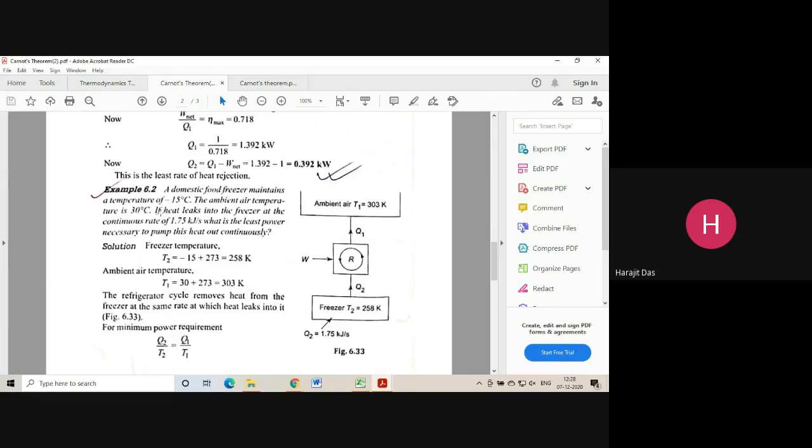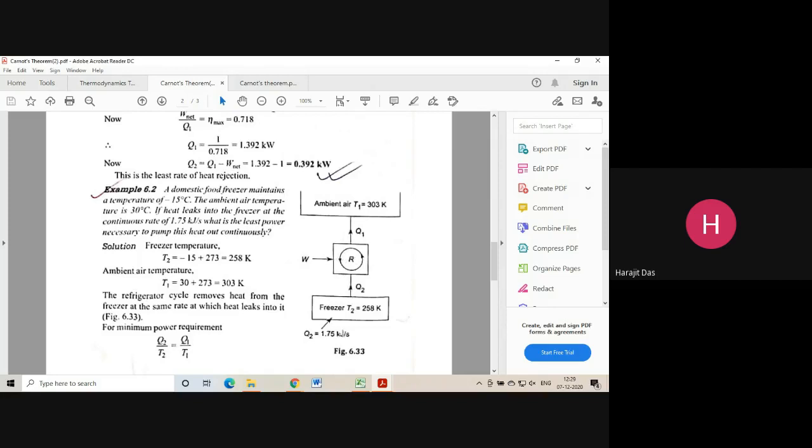Understood? Now it is said that if heat leaks into the freezer at the continuous rate of 1.75 kilojoule per second, means heat is coming in at 1.75 kilojoule per second, because it is running in a cycle. So at the end of the cycle, this amount of heat, 1.75 kilojoule per second, is coming to this freezer. In the same way this freezer needs to give away this amount of heat to the refrigerator.